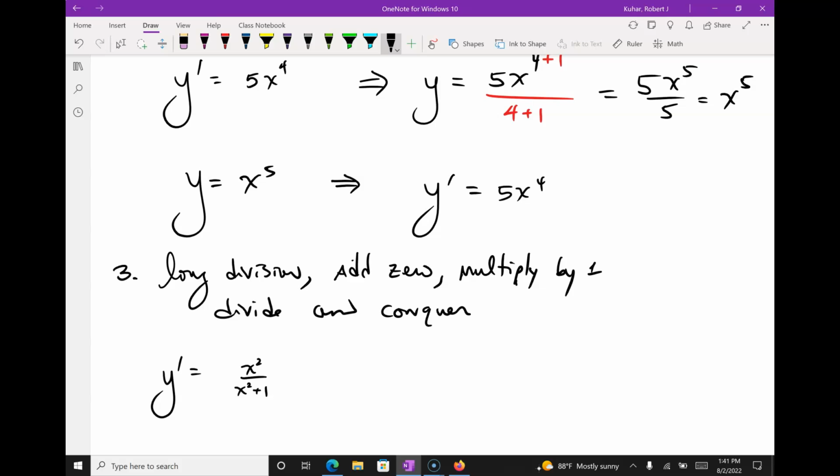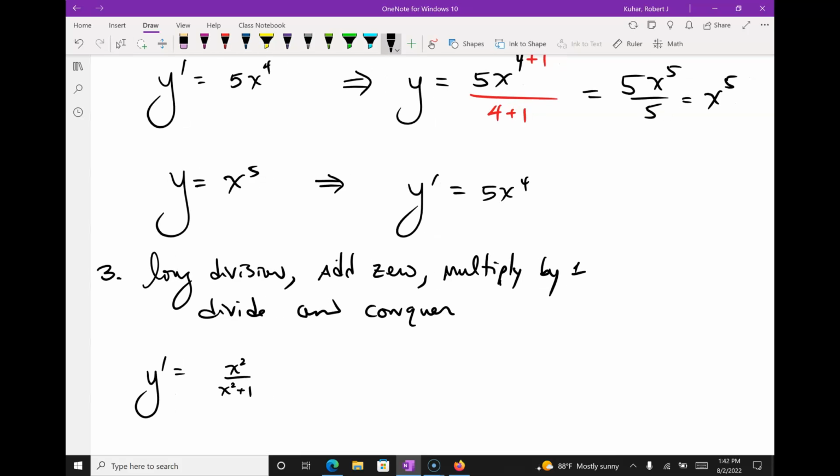This one could be either long division or add 0. I'll do it both ways. So whenever your numerator has the highest degree the same as the denominator, numerator same or higher, you want to long divide.